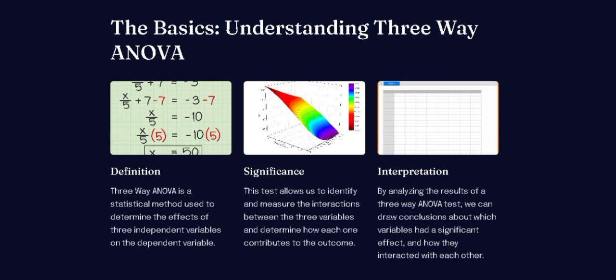For the significance, this test allows us to identify and measure the interaction between the three variables and determine how each one contributes to the outcome. For the interpretation, by analyzing the results of the three-way ANOVA test, we can draw conclusions about which variables had a significant effect and how they interacted with each other.